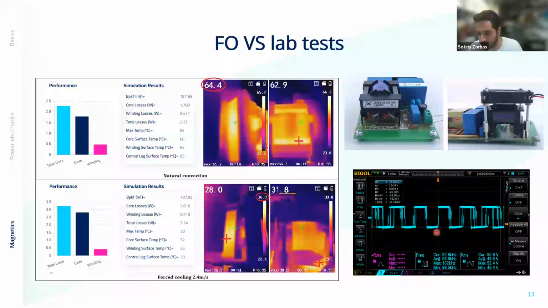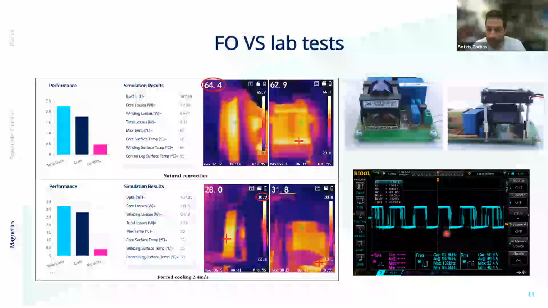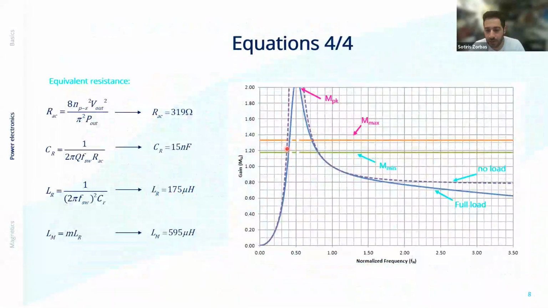And this is an oscilloscope picture, and you can see that here we have triggered in the middle, but you see the oscillation happening. That's because there is ripple in the input of the LLC converter. So the frequency is moving up and down to compensate for the voltage ripple.